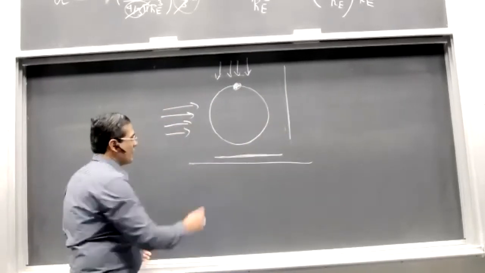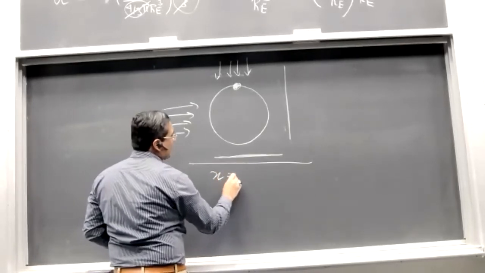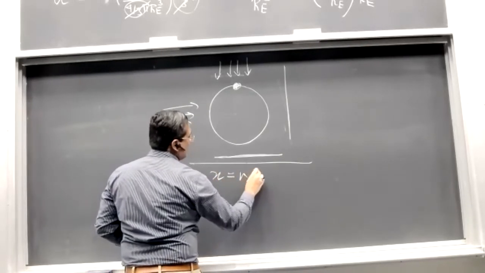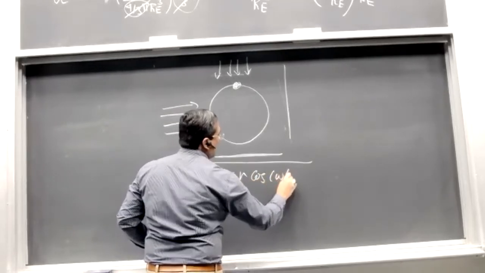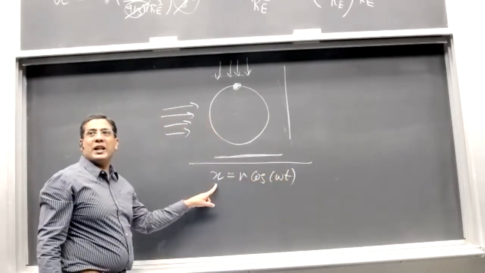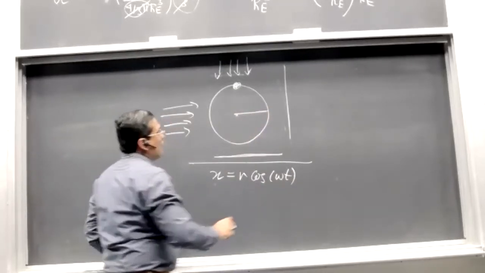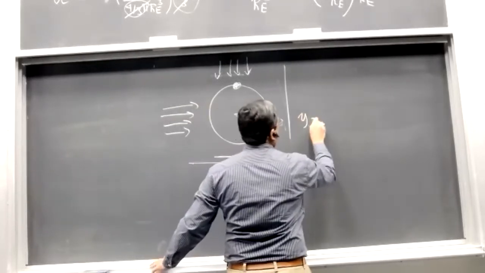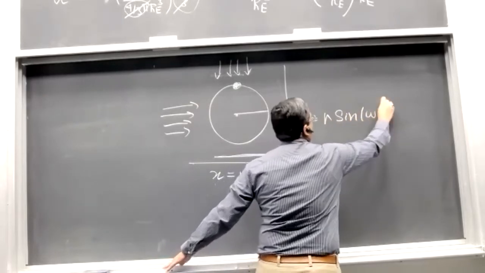You can even write these equations. So x would be simply r cosine omega t, if r is the radius of this circle, and y would be r sine omega t.